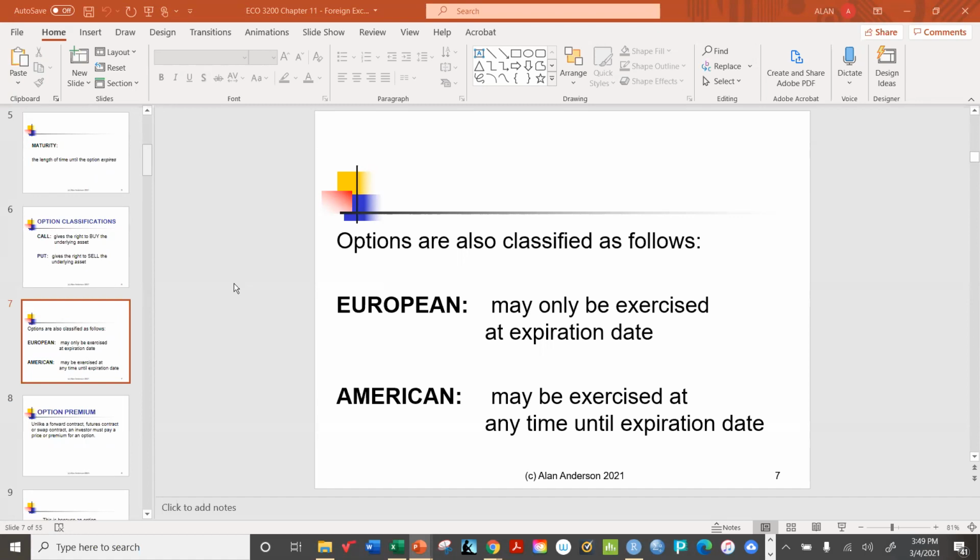The American style can be exercised any time until the option matures or expires. Those are the two basic ones, there's plenty of others, but those are the standard ones. The vast majority of options in the market fall into one of these two categories.